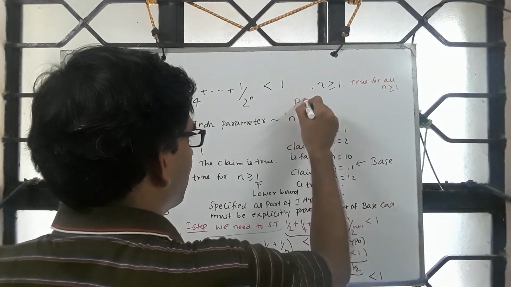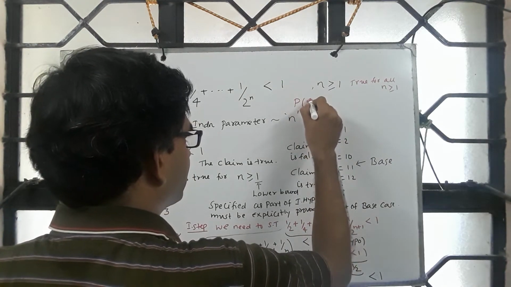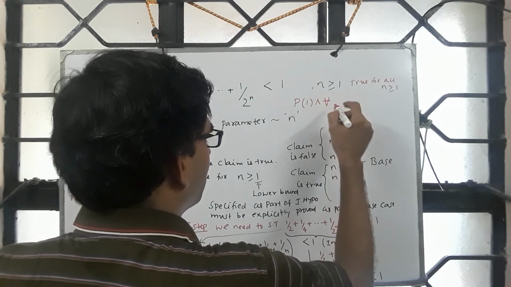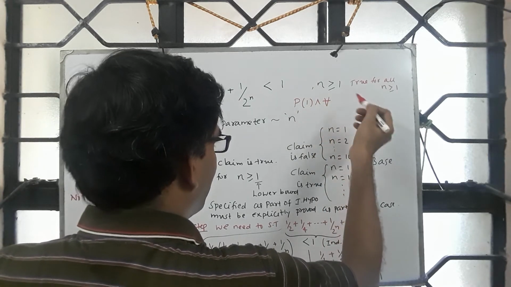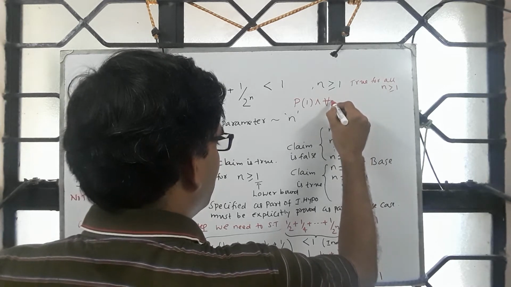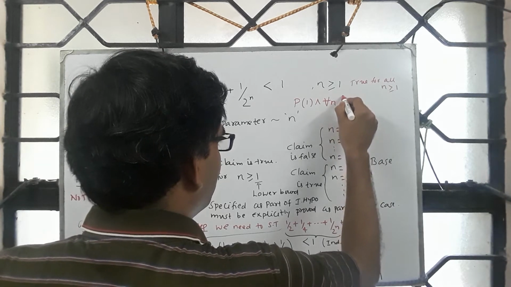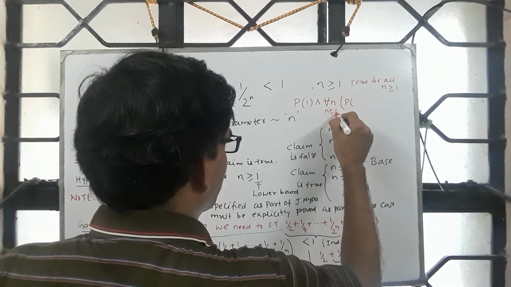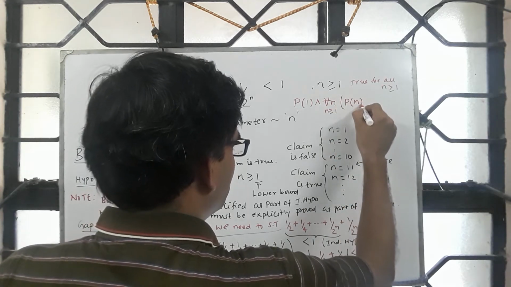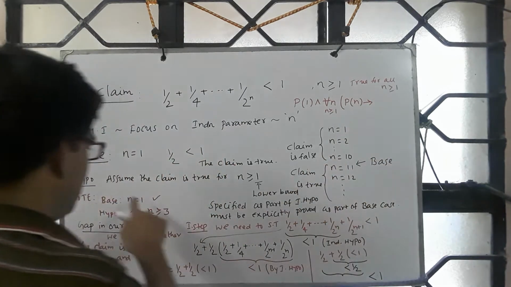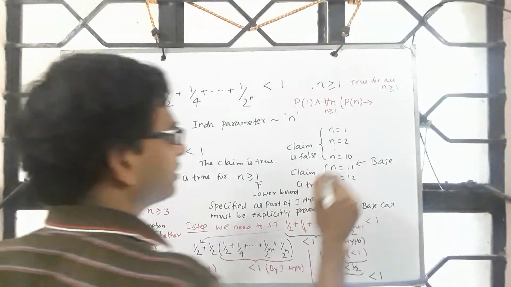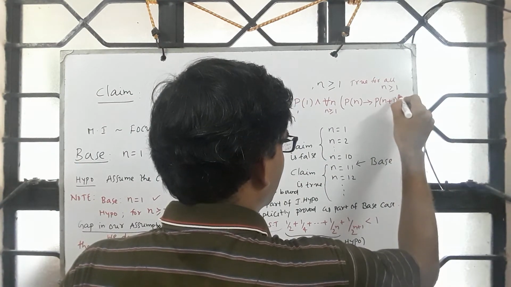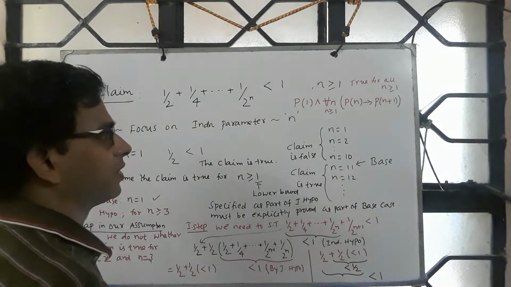We proved the claim is true for the base case, and for all n greater than or equal to 1, if it is true for p of n, assume the claim is true for this, then as part of the induction step we have proved it for p of n plus 1.